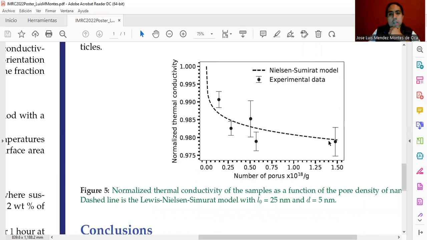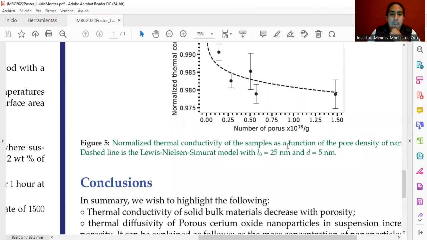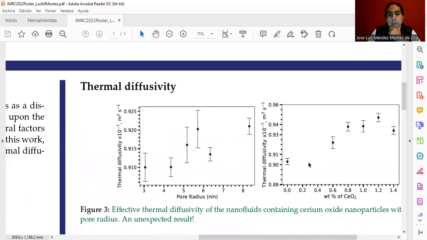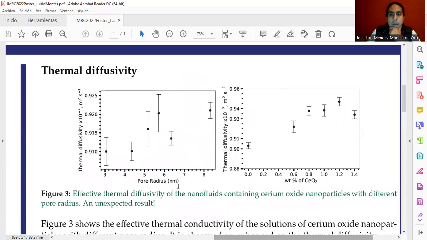This is a simulation of the model. We must continue working to make the best fit between the model and the nanoparticles. We can also make a comparison between the Lewis-Nielsen model and this other data of the concentration.